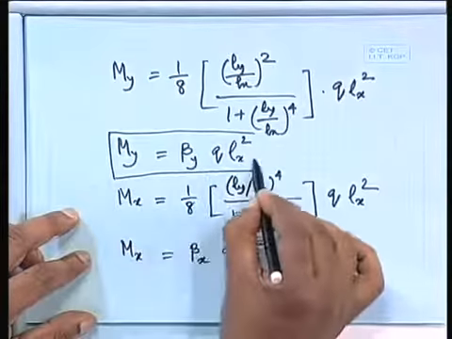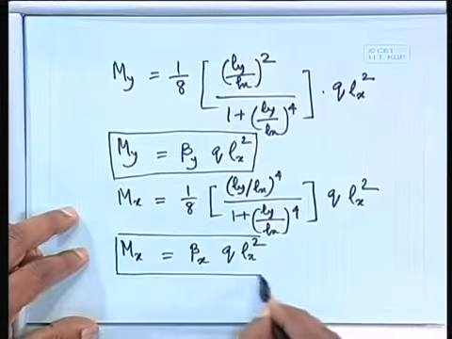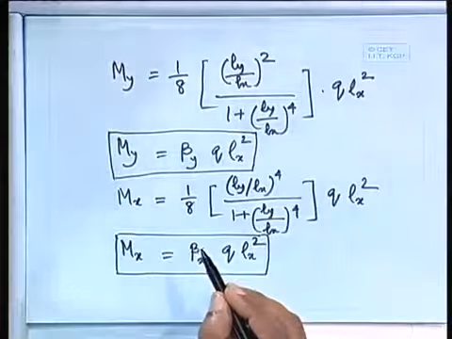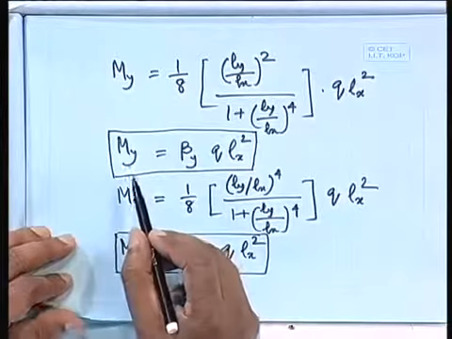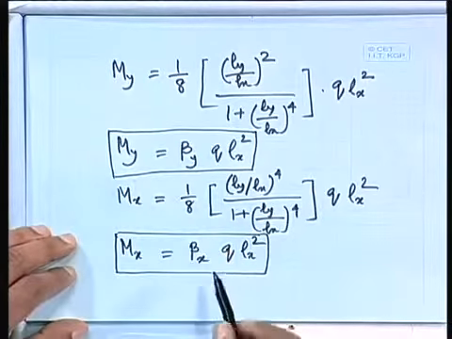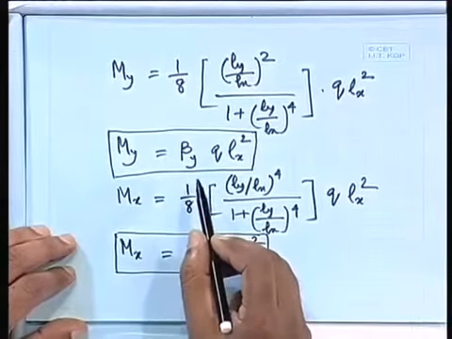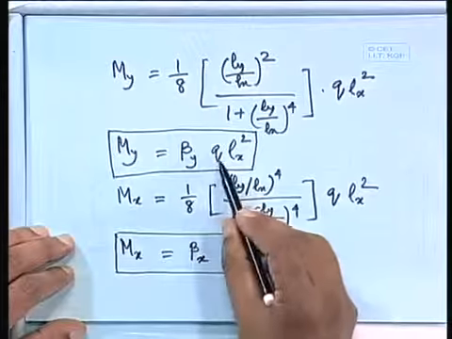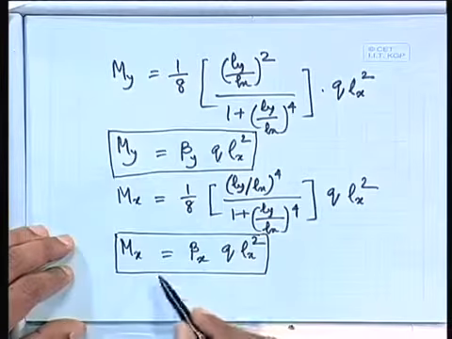In no case we are interested to get that Ly square. So please note, when you are doing your computation for moment, because we are interested to find out the moment only, Mx and My, for the simply supported case, we have to get beta x and beta y. When calculating My, it is times q Lx square, and similarly when calculating Mx, that time also it is q Lx square.